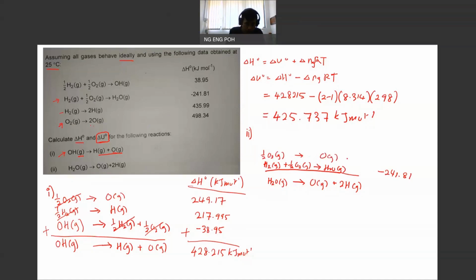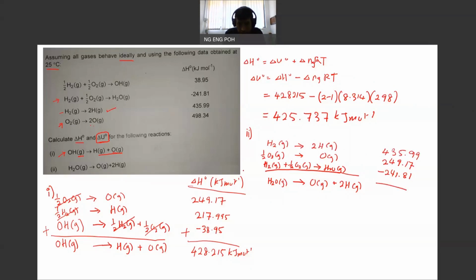So 498.34 divided by 2 will be 249.17. Next, you need to find 2H. 2H is this equation, so it will be H2 gas to 2H gas, which is 435.99.